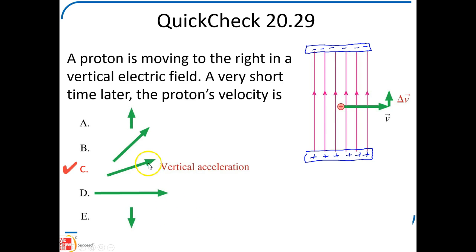The change in velocity, the acceleration, is going to go straight up. But that means that our new velocity after a very short amount of time is going to be up and to the right. It's not going to be a lot up and to the right yet. It's not going to be totally straight up. Definitely not going to be to the right or down. So it's going to be letter C, and this is our little bit of vertical acceleration that we start to have.